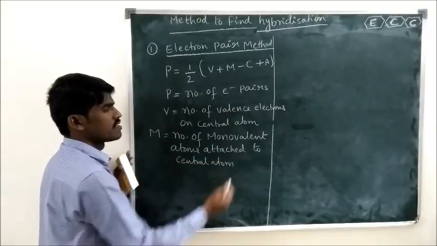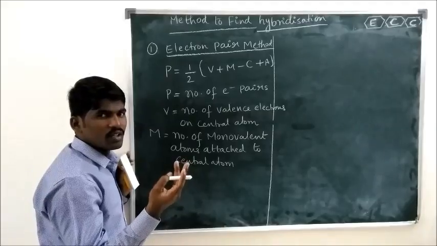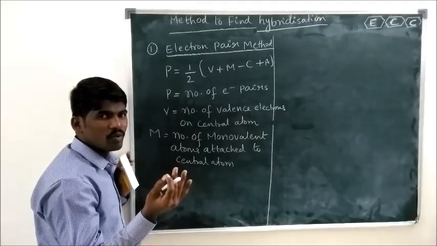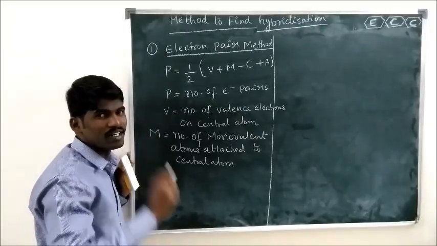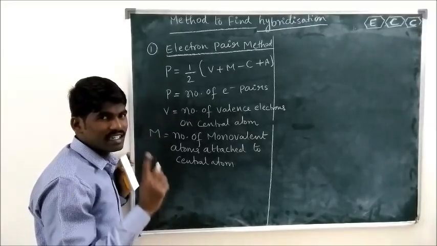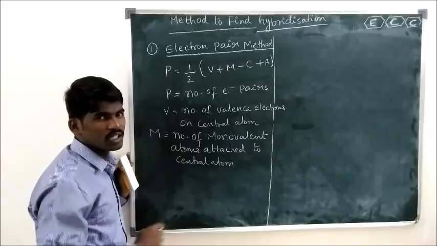Monovalent atoms are hydrogen, chlorine, fluorine, bromine and iodine. These types of atoms are called monovalent atoms. Right? Their valency must be equal to 1.